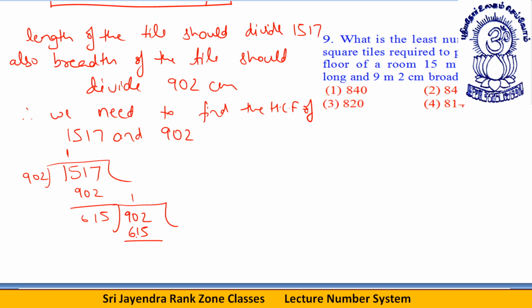Now again start dividing 615 by 287. 287 into 2 gives 574. This time the remainder is 41.